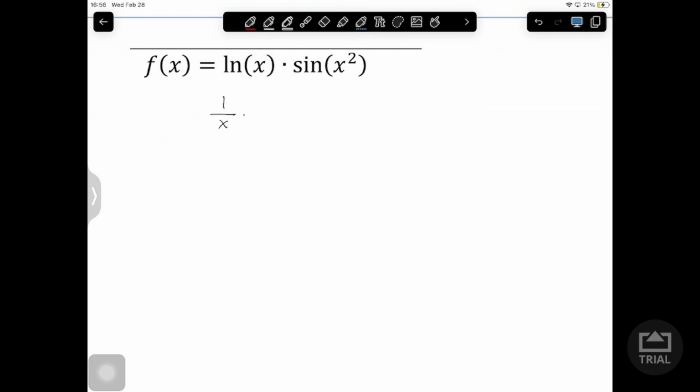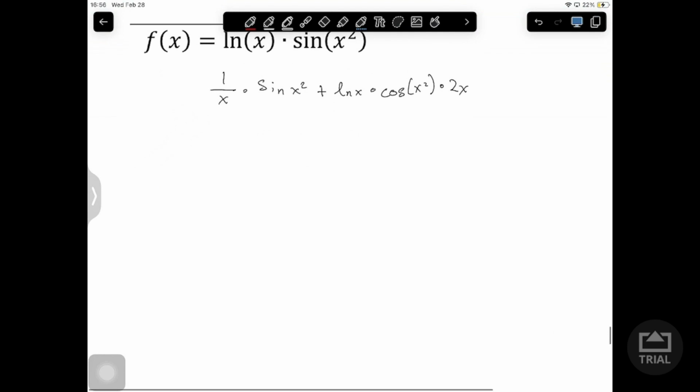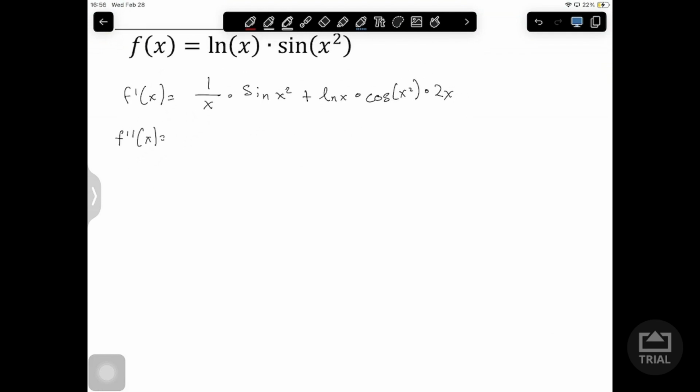It's going to be 1 over x times sine x squared plus natural log of x times cosine parentheses x squared times 2x. There we go. Now this is our first derivative. Now we're going to get the second derivative of this, and in this case we could combine this, which would be sine over x squared.